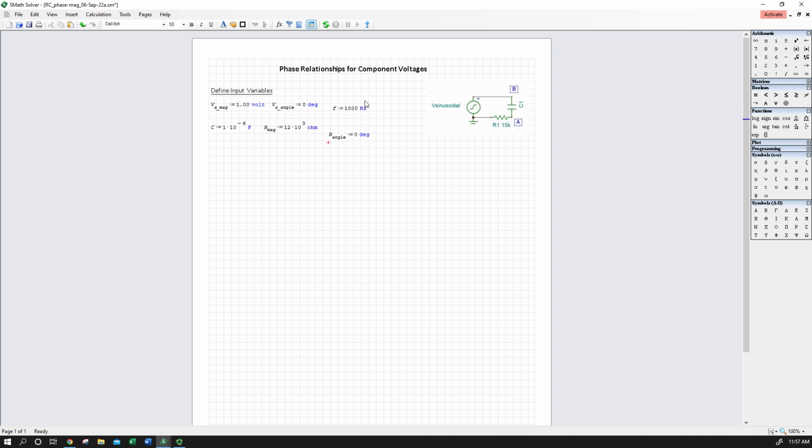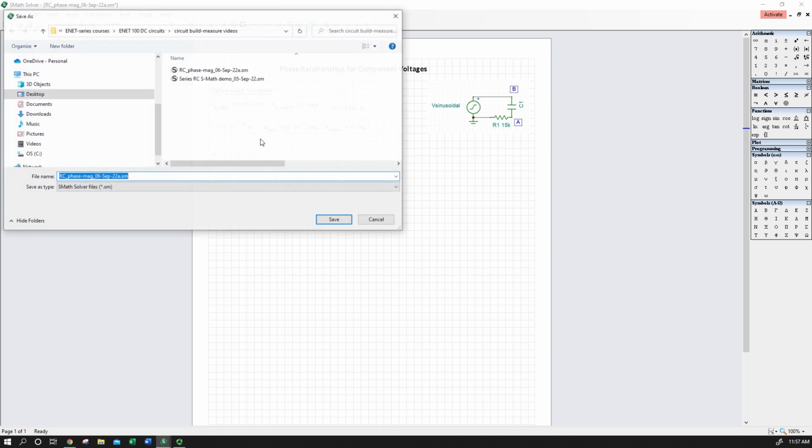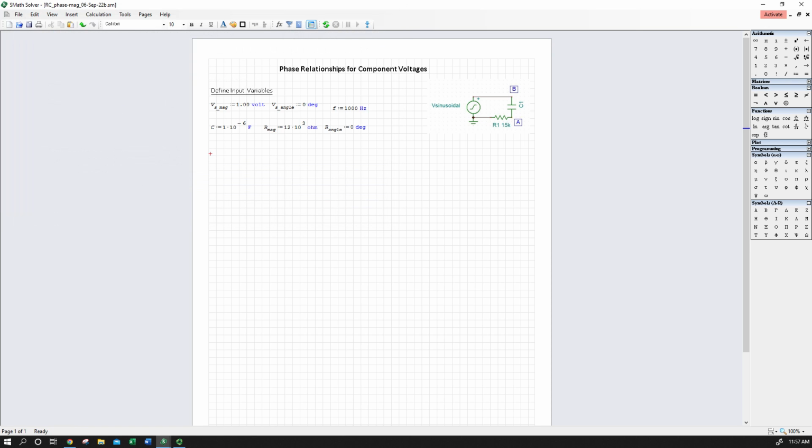So there's 0 degrees. Okay. So the next thing I would need to do in my circuit, and actually, this is another good place for an incremental save. Okay, so the next thing I would do in analyzing my circuit is I would want to take this capacitance, which I really can't do anything with, and turn it into a reactance.